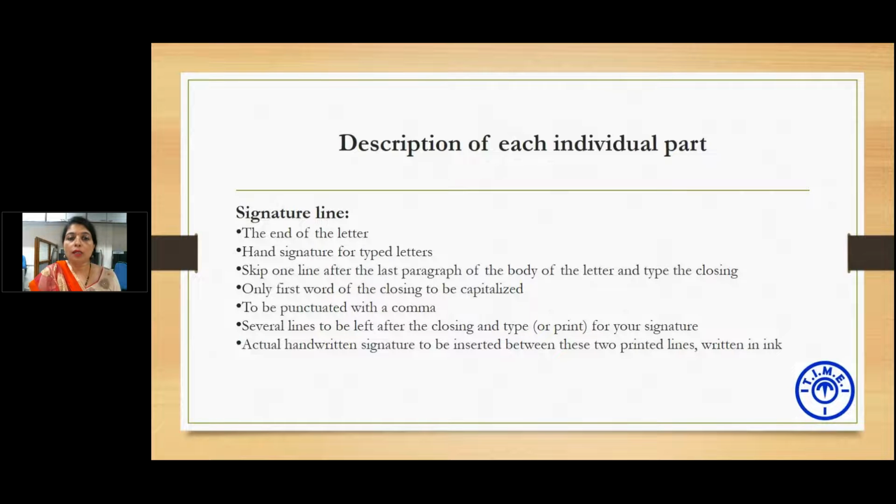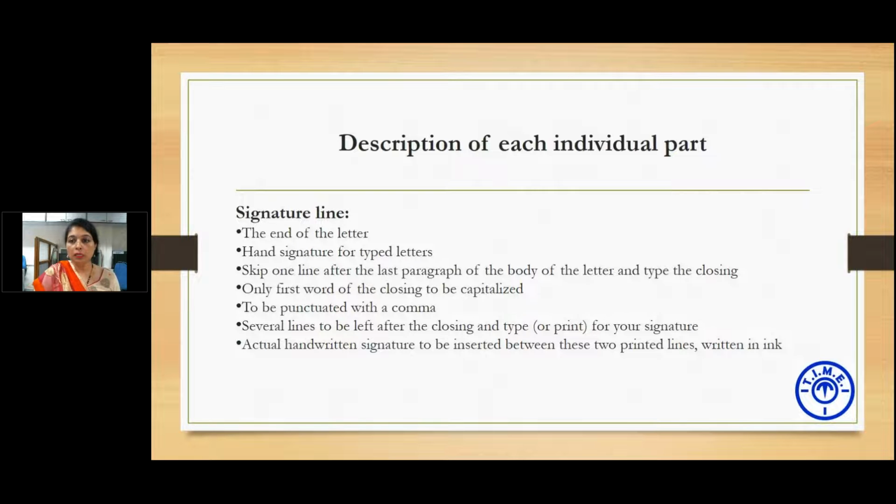Skip 1 line after the last paragraph of the body of the letter and type the closing. Only 1 word of the closing has to be in capital. Again, this also has to be punctuated with a comma. Several lines should be left after the closing and type or print your signature. The actual handwritten signature is to be inserted between these 2 printed words, written in ink.